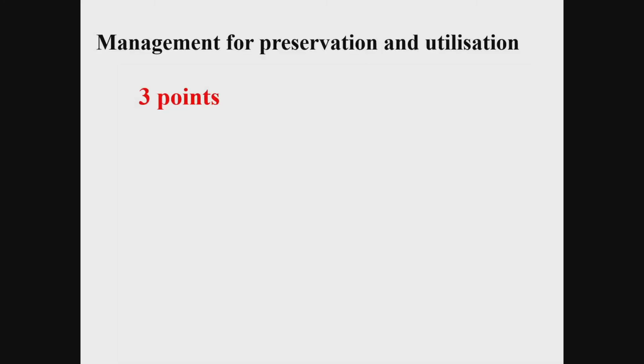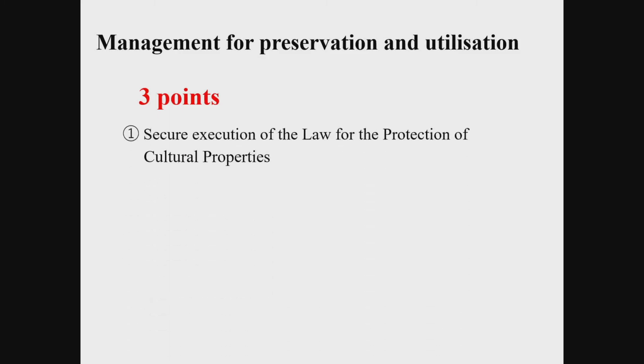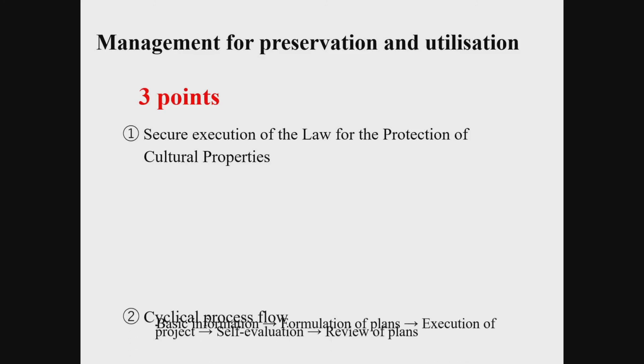To make an outline of the management category, I would like to emphasize the following 3 important points. I firmly believe that the secure execution of the law for the protection of cultural properties should come first, as the minimum requirement. As you know, historic sites cannot be handled while defying the law.